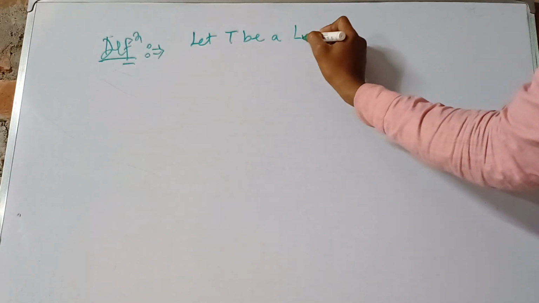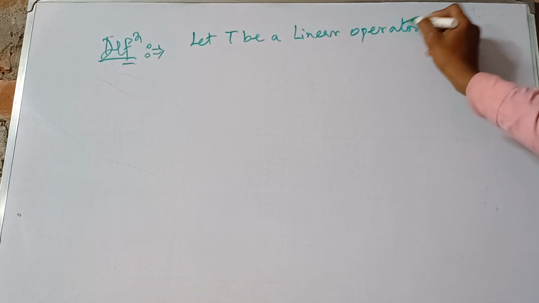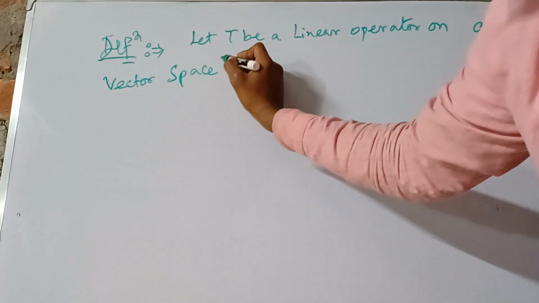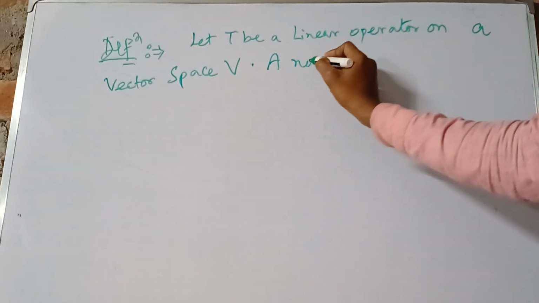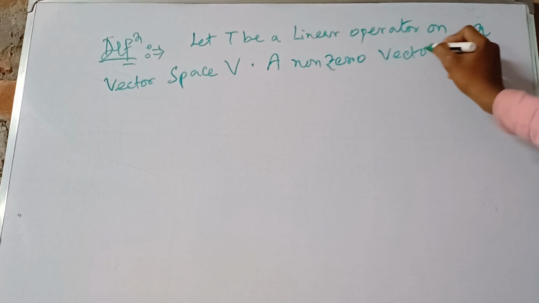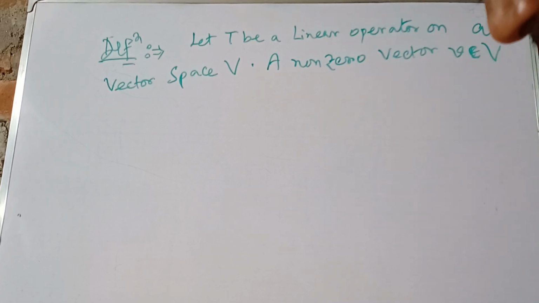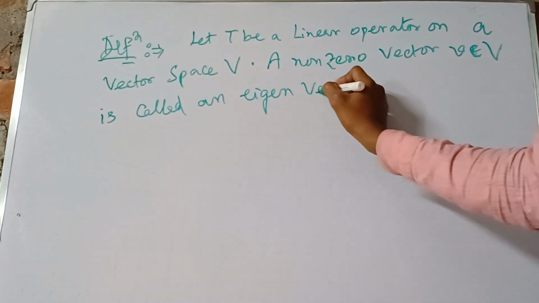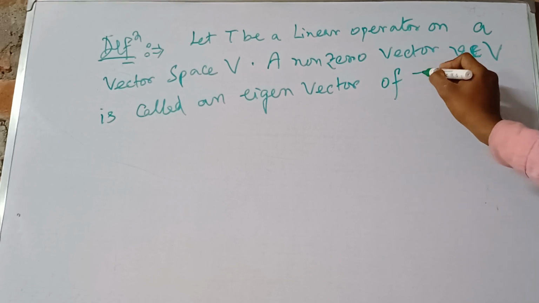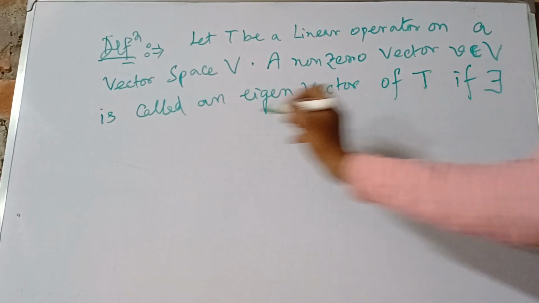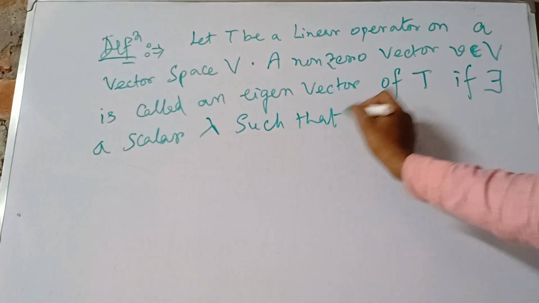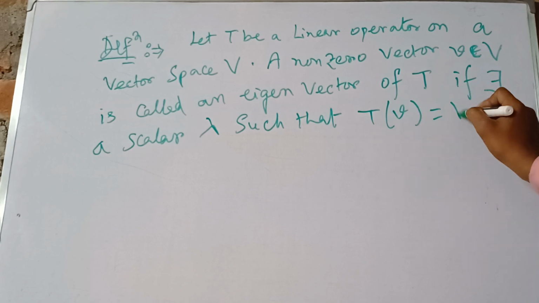Let T be a linear operator on a vector space V. A non-zero vector v belonging to V is called an eigenvector of T if there exists a scalar lambda such that Tv equals lambda v.